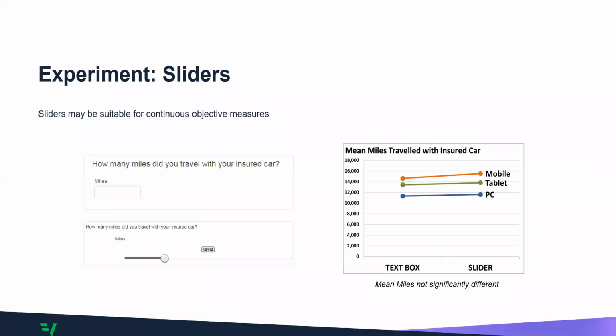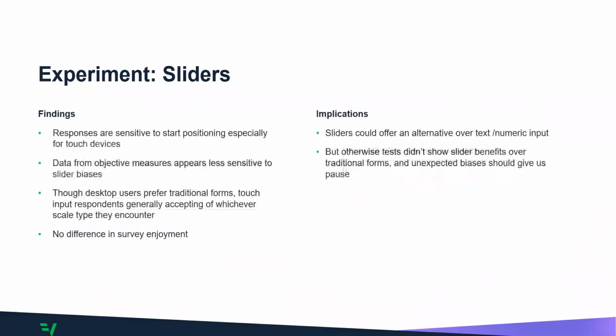Comparing the slider to numeric input, we found no main difference between the 2 versions. So just to summarize our work on the sliders, they are sensitive to start position, especially for touch devices, and data from objective measures was very comparable to the traditional numeric text input question type.